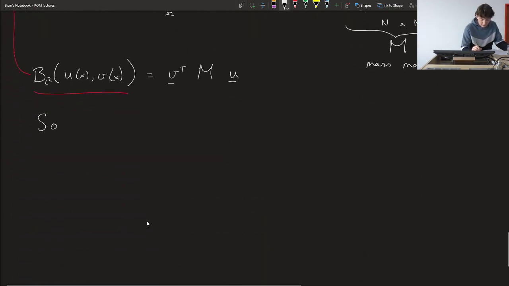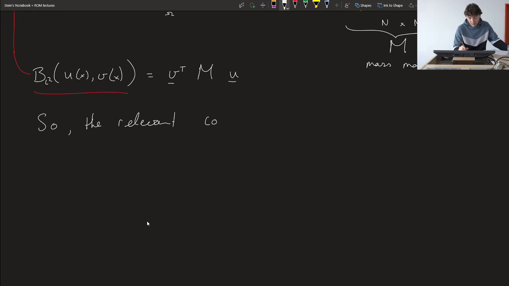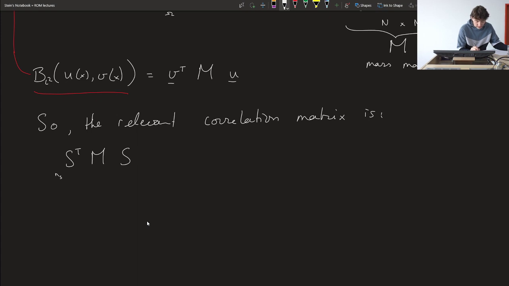To connect back to that, the relevant correlation matrix is S transpose times the mass matrix times S. And just to be clear, this is going to be ns by n, this is n by n, this is n by ns. So we still get ns times ns as our final multiplication size.